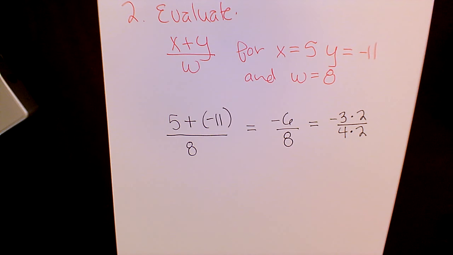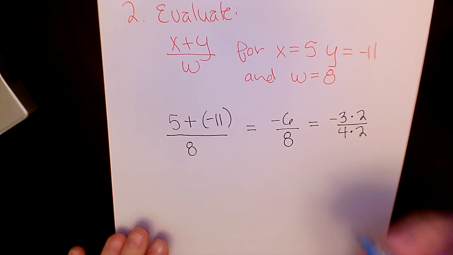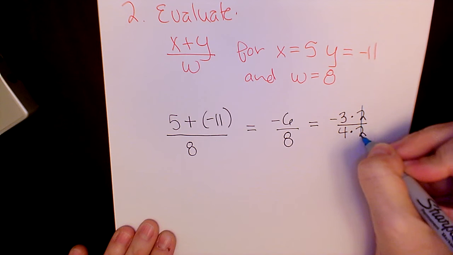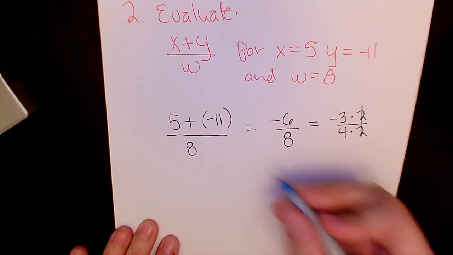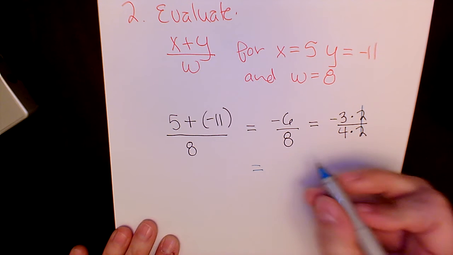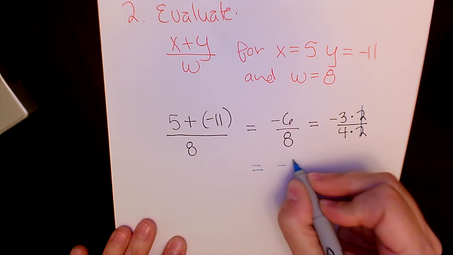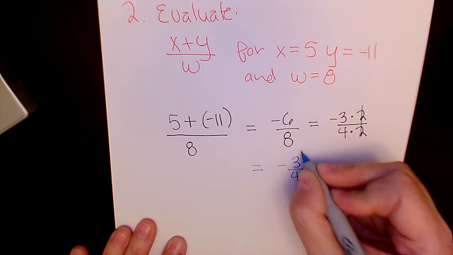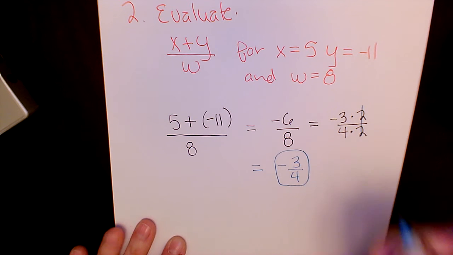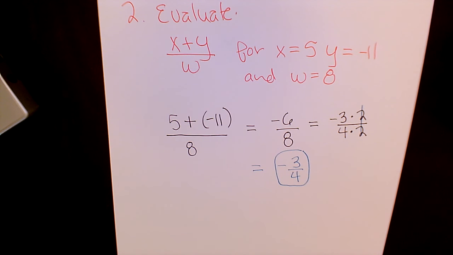And then you should see where you can cancel or divide out the 2's. So my final answer, and don't forget it's negative, is negative 3 over 4.